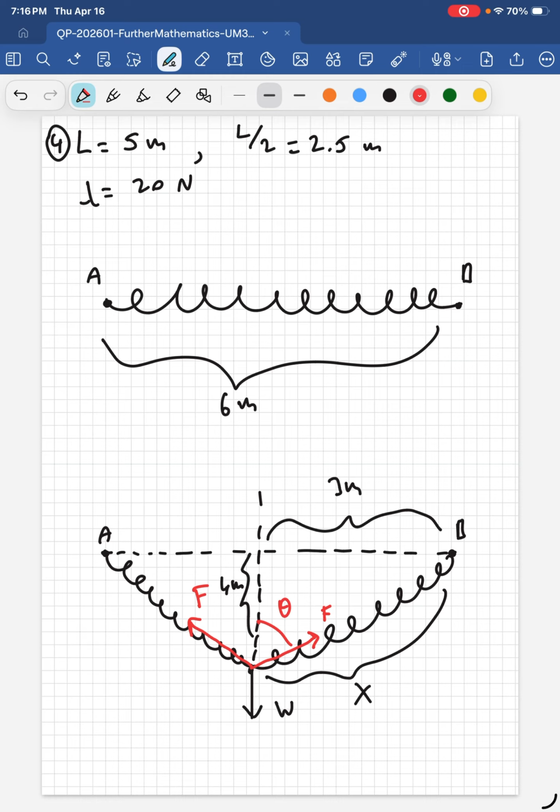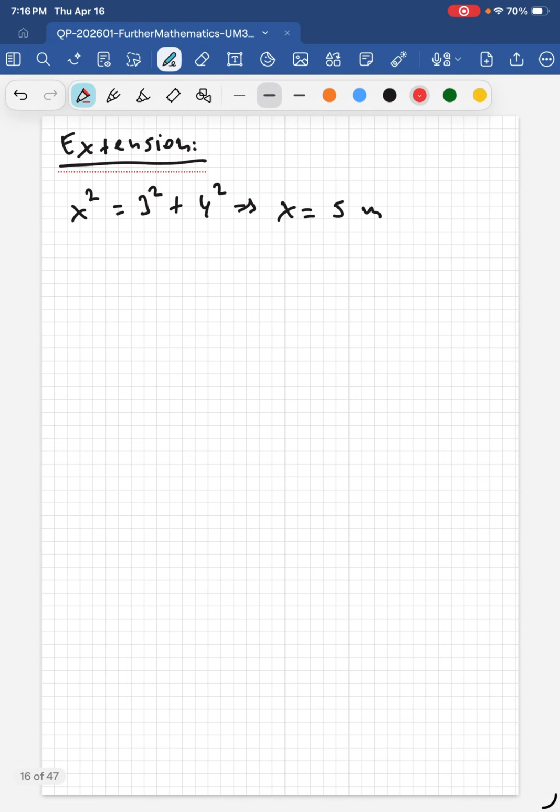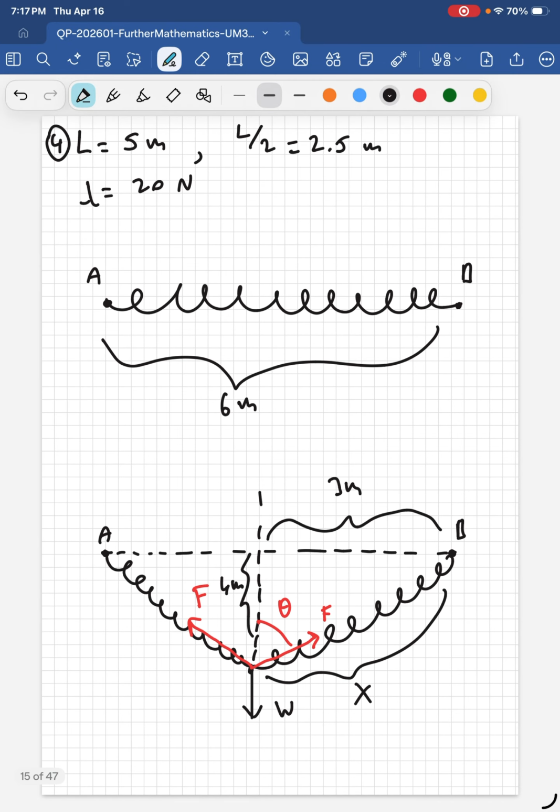So we have to find this angle theta. For equilibrium, the weight should be equal to 2 times cosine theta times lambda times x over L. And why is that? Because we need this component of the force, and this component is F cosine theta.